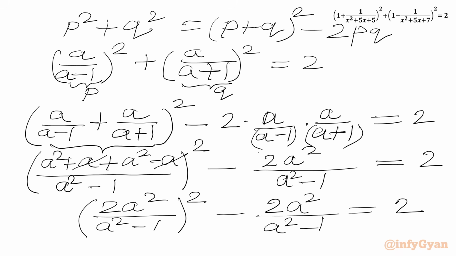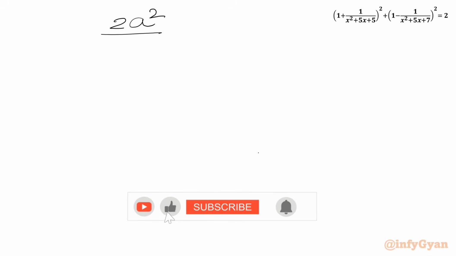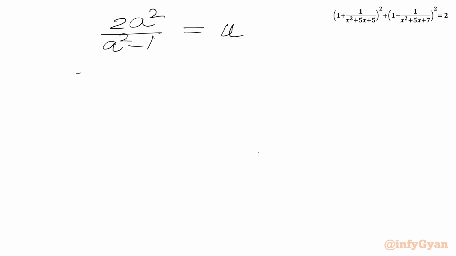Now we will use substitution number 2. 2a square over a square minus 1, suppose this is u. So we will write 2a square over a square minus 1 equal to u. So we will write our equation u square minus u equal to 2.